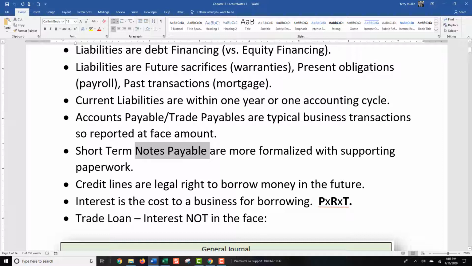Credit lines then are a legal right to borrow money. You'll go to a bank ahead of time so that you can support your needs, so you can support your cash flow, and say, I would like to set up a credit limit with you. And so you might say $50,000. So they'll set up a credit line ahead of time so that in the future, if you need money, you've got that guarantee that you can just write a check and deposit that money into your account.